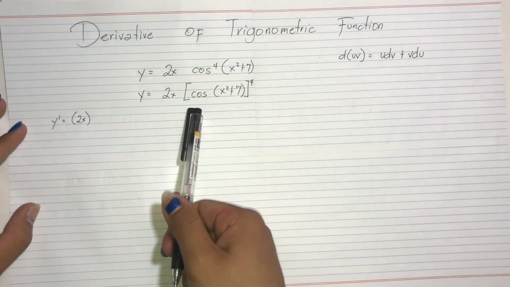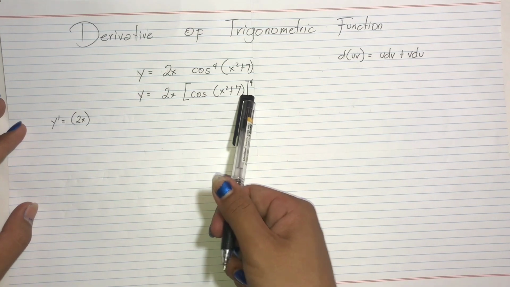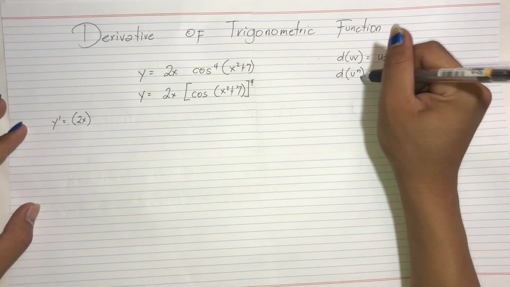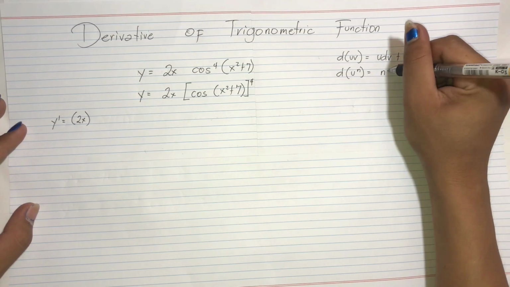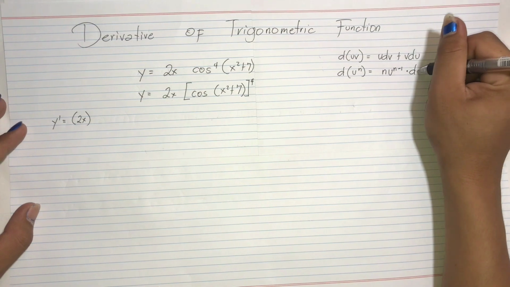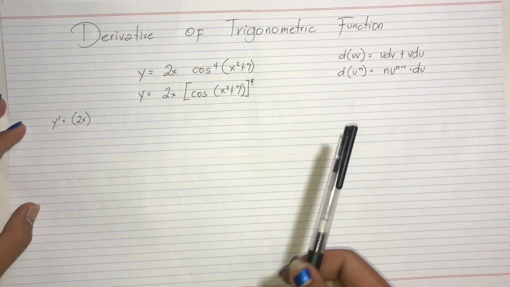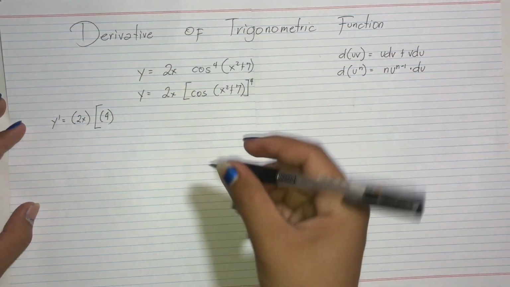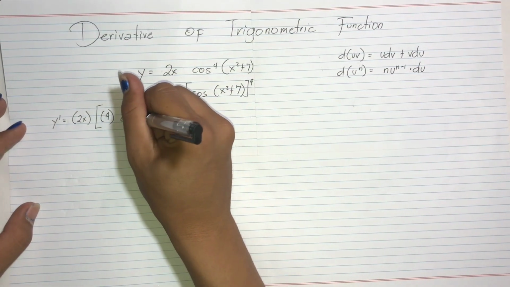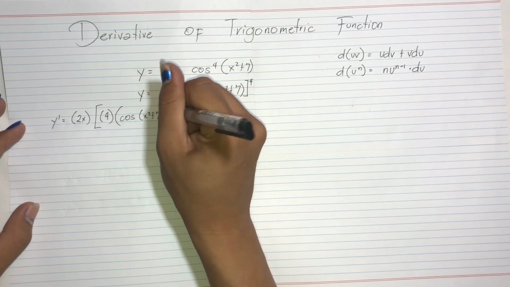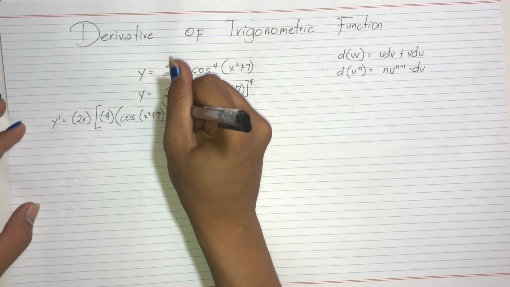times the derivative of, how would we derive, the derivative of u raised to n is equal to n times u raised to n minus 1 times the derivative of u. The derivative of that is going to be 4 cosine of x squared plus 7 raised to cube.